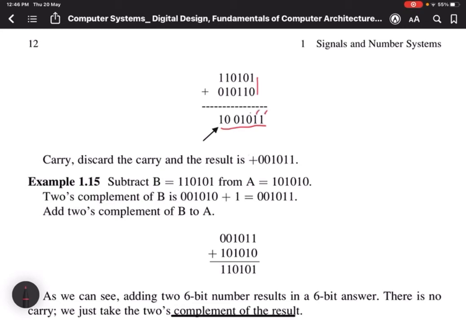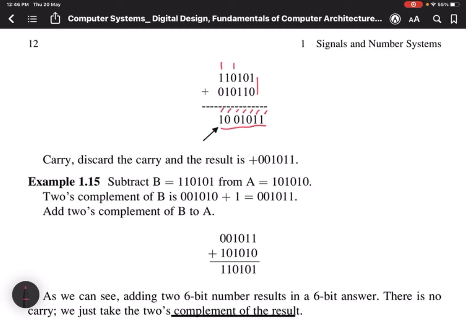So we put 0 here and then we put the carry over 1 there. So 0 plus 0 is 0 plus 1 yung carry over, then we put 1. And then 1 plus 1 is 10. So we put 0 here, then we put the carry over. And then 1 plus 0 is 1 plus 1 is 10. So we put 0, 1 here.